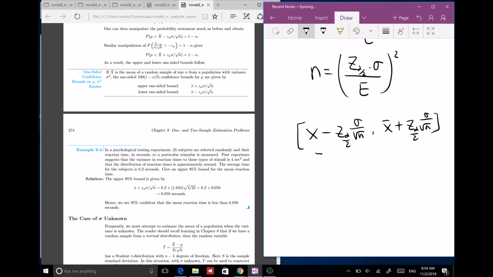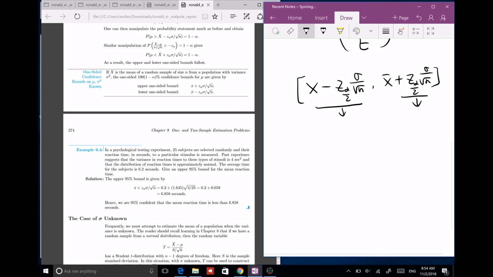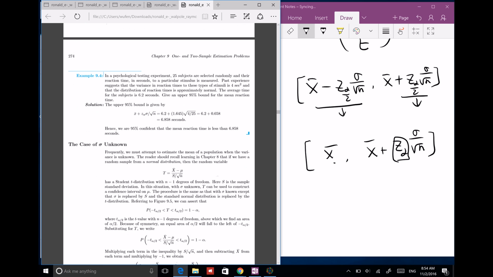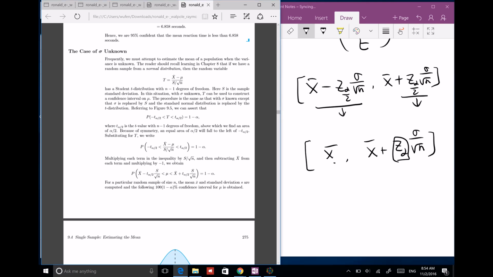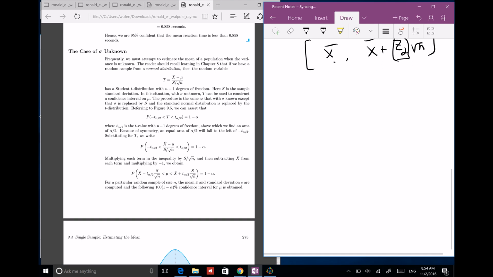Now you just have one side, so you just have x bar plus z alpha sigma over the square root of n. Because you don't divide by 2 anymore, just one side. One side gives you z alpha for the confidence interval. That's for the case where sigma is known.